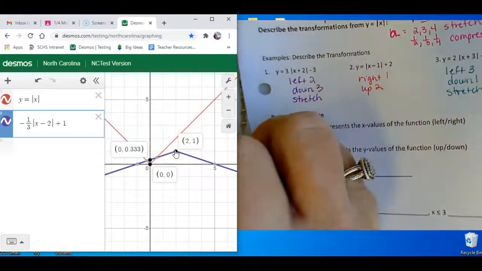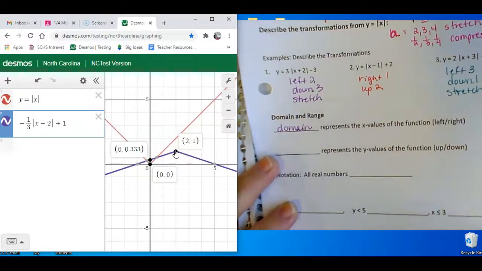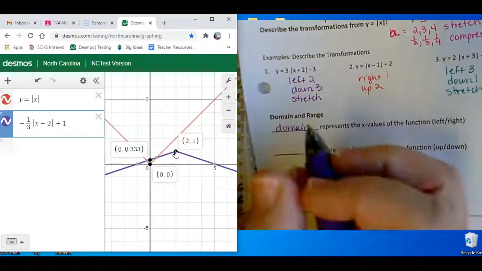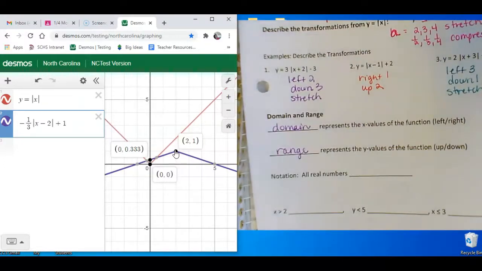The domain represents the x values of the function, and the range represents the y values of the function. When you do domain and range, you're thinking about how far left does it go and how far right does it go for the domain.